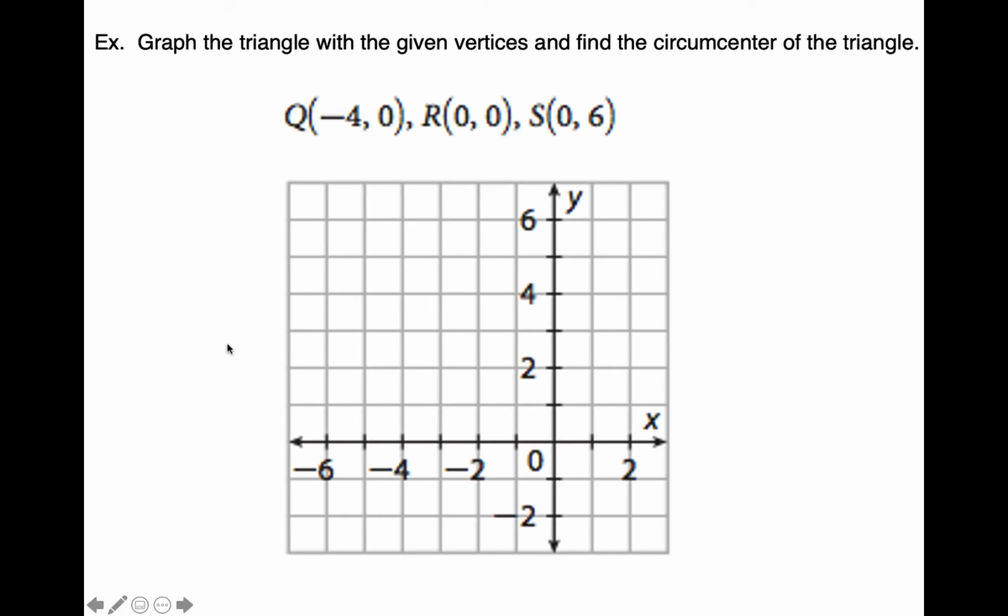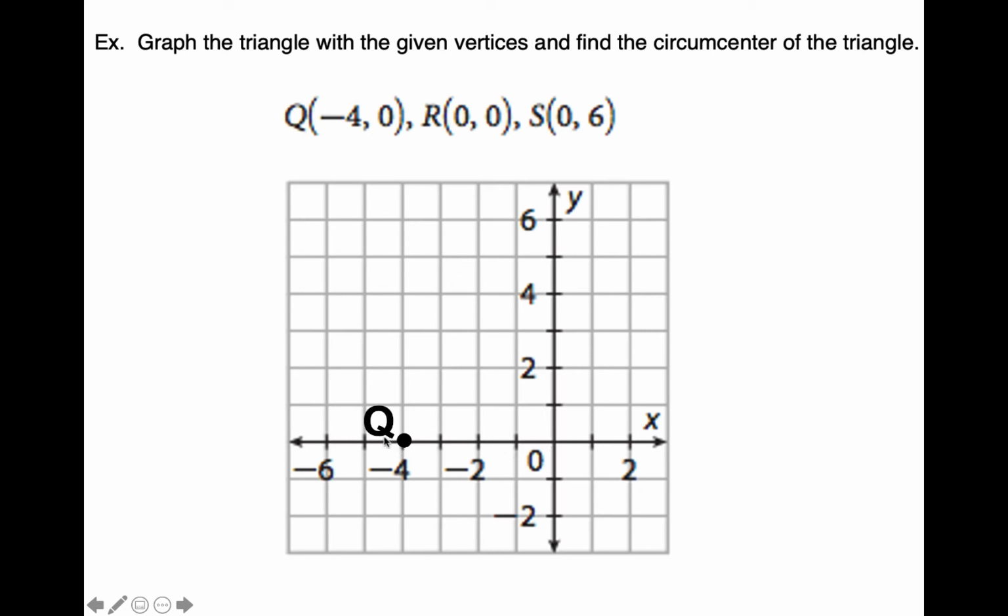Okay, it says to graph the triangle with the given vertices and find the circumcenter of the triangle. So let's plot these points. We have negative 4, 0. Remember, this is going left 4, up 0. So you start at 0, 0. We're going to go left 4, up 0.